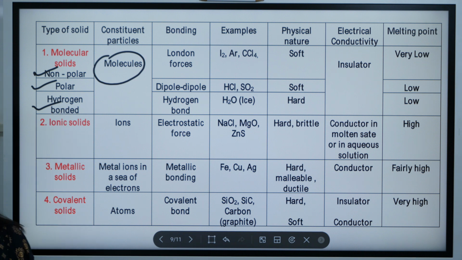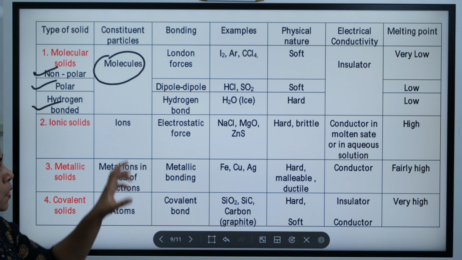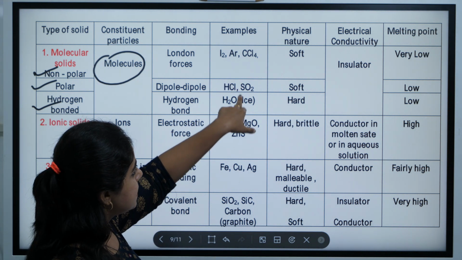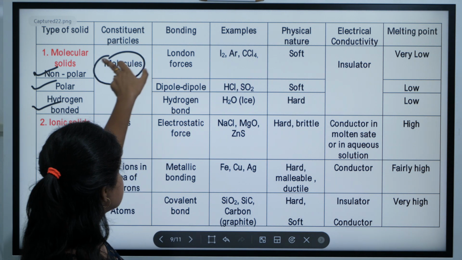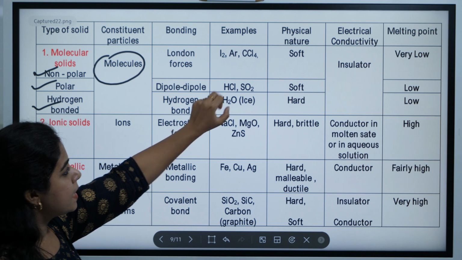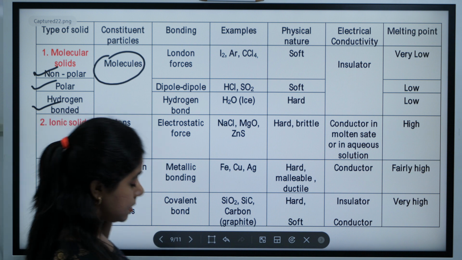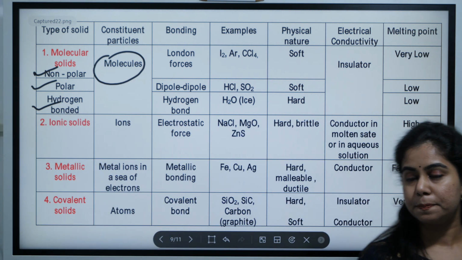And in the case of hydrogen bonded solids, like ice, each water molecule is held together by hydrogen bonds. So you can see the examples here. Iodine is a non-polar solid, hydrogen chloride is a polar solid, whereas ice is a hydrogen bonded molecular solid.